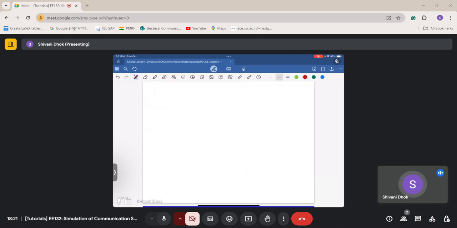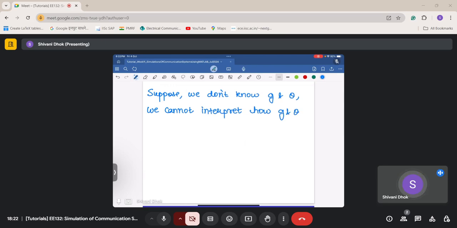Now suppose we don't know this theta and g. We cannot predict or interpret how g and theta have affected the received signal.